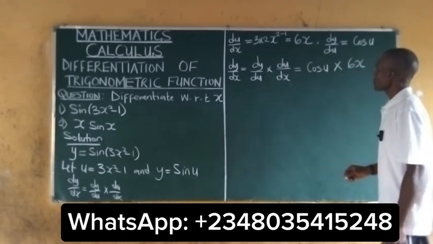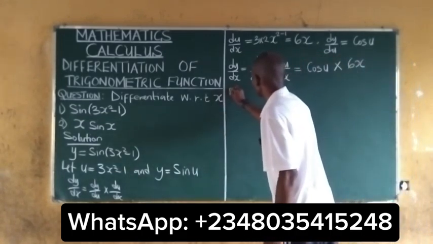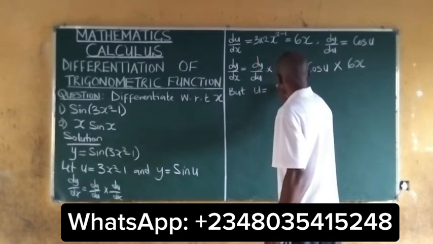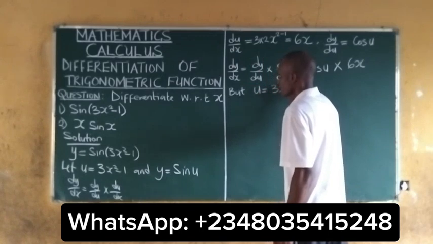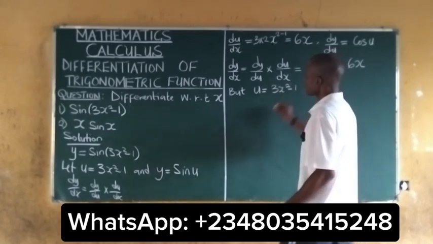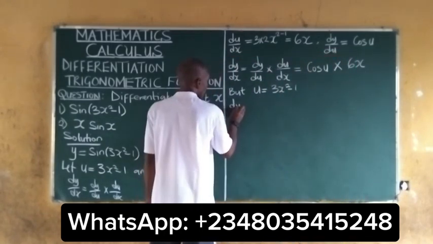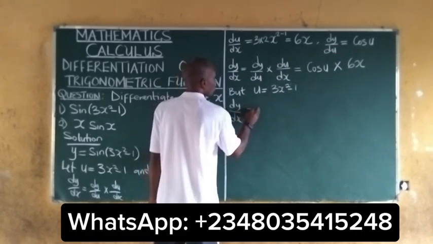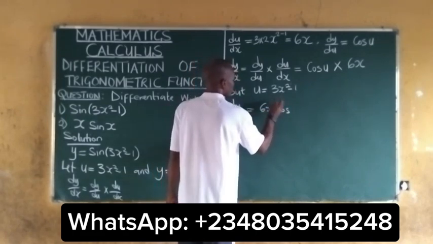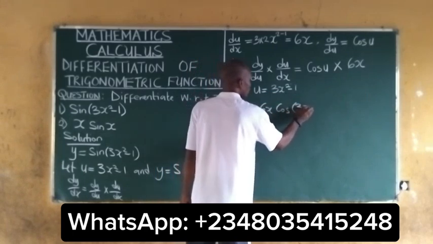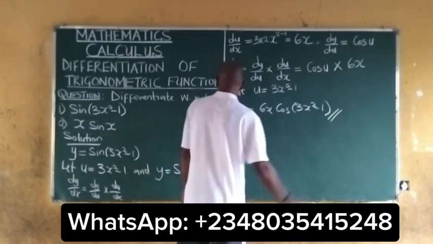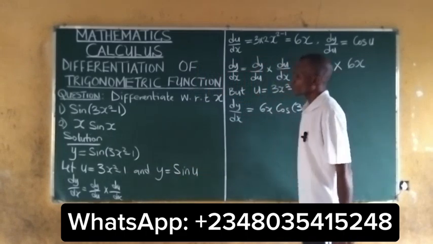But we know that u is equal to 3x squared minus 1. So it then means that we can write this as our dy over dx to be equal to 6x cos of 3x squared minus 1. So this becomes our answer to that first question.